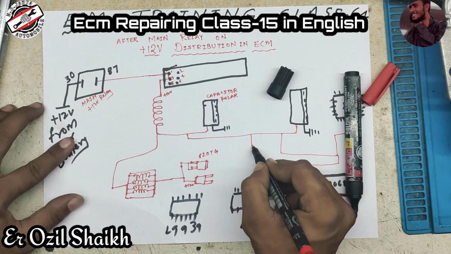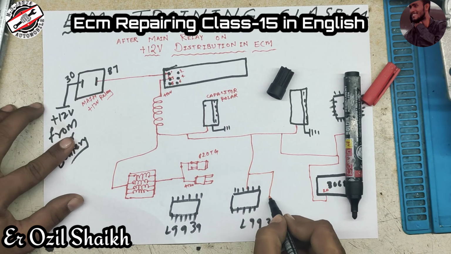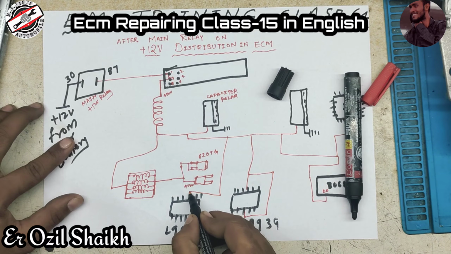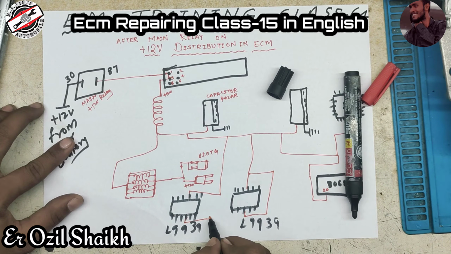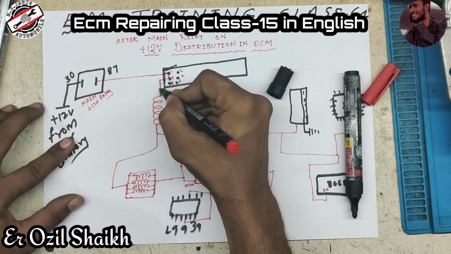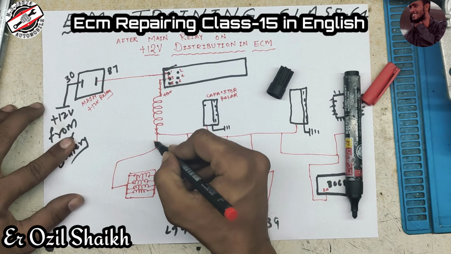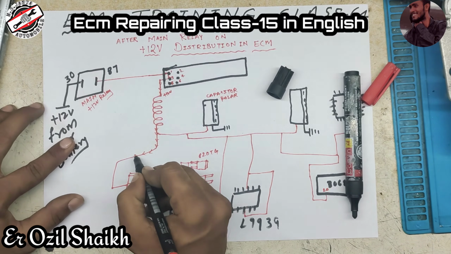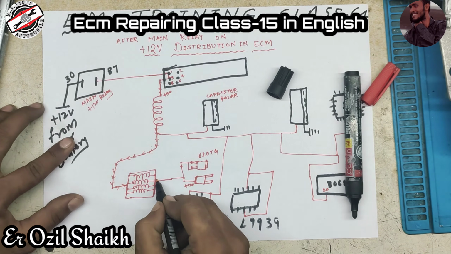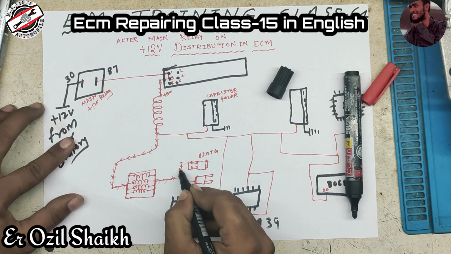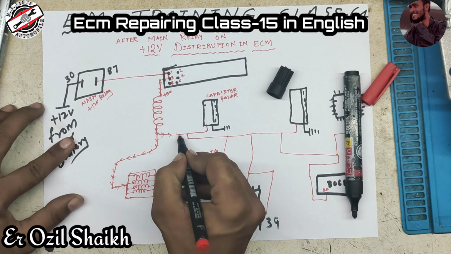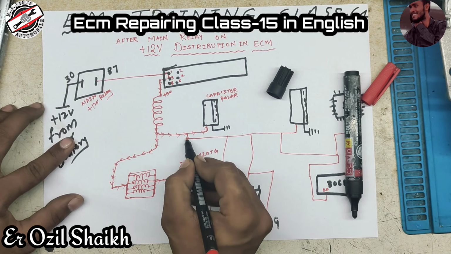So this 12 volts also goes here, upside and downside, and this also goes downside and upside. So this is the full working of how 12 volts travel inside the ECM when our main relay is on.